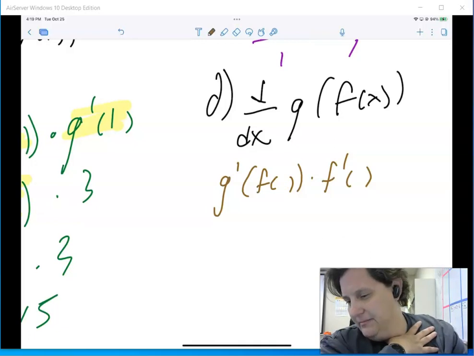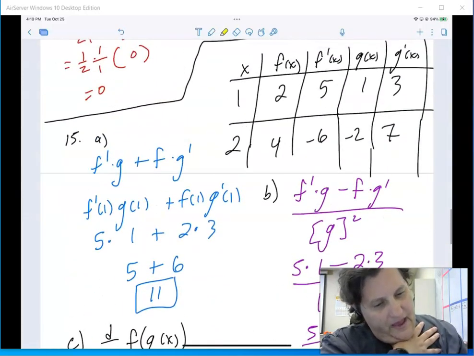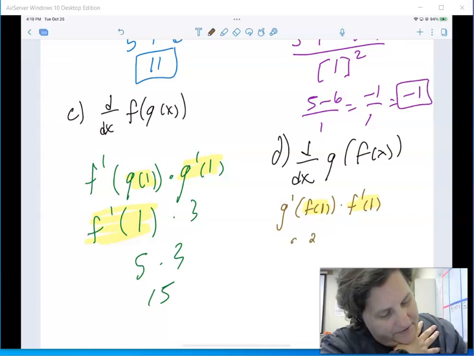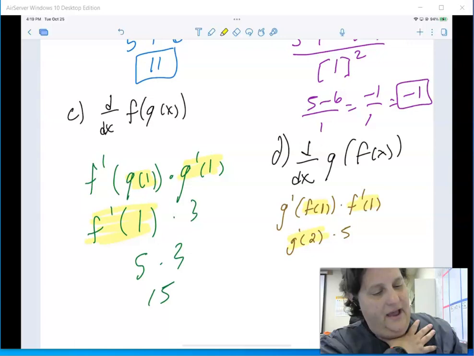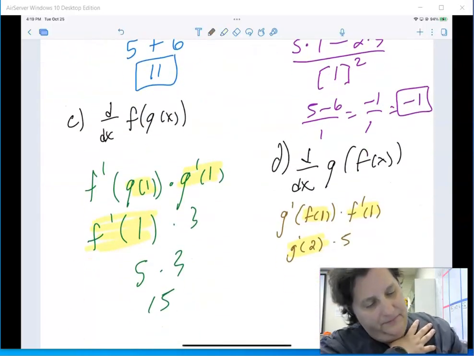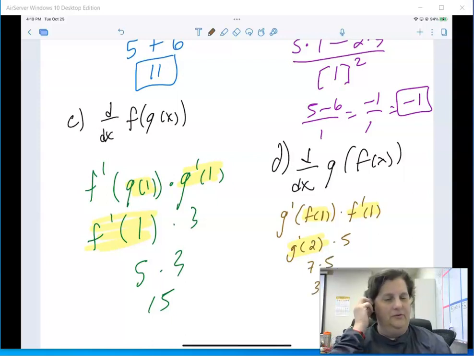Now again, I'm calculating this at 1. So this time I need to find f of 1, f prime of 1. Okay, f of 1 is 2, f prime of 1 is 5. And now I'm going to go ahead and take that and find g prime of 2, which was 7. Okay, I got 35 for that one.